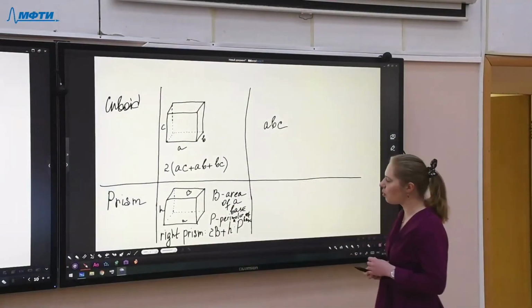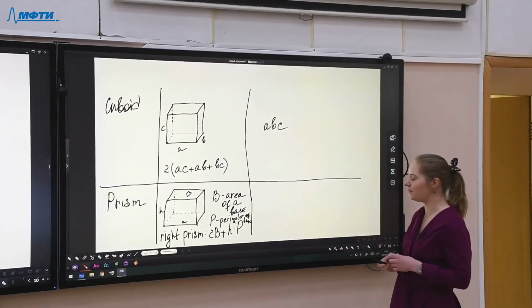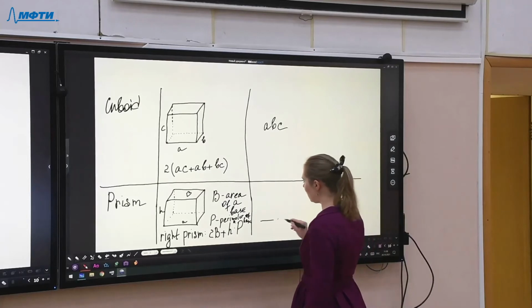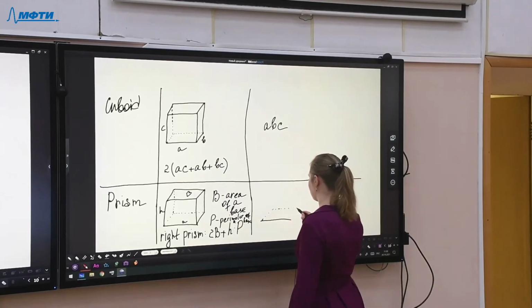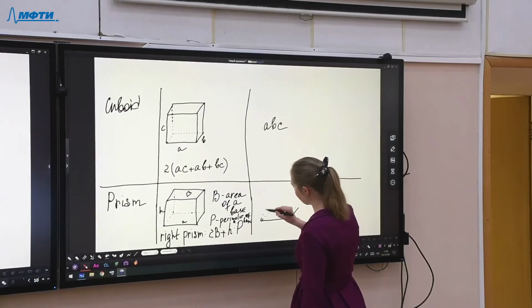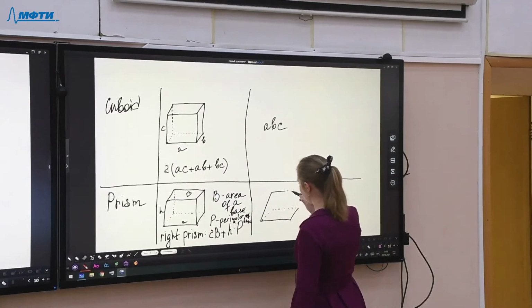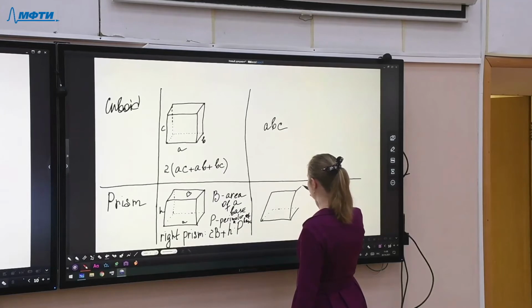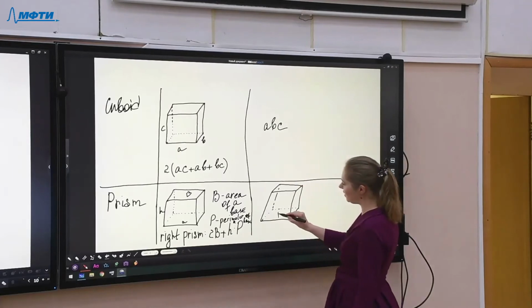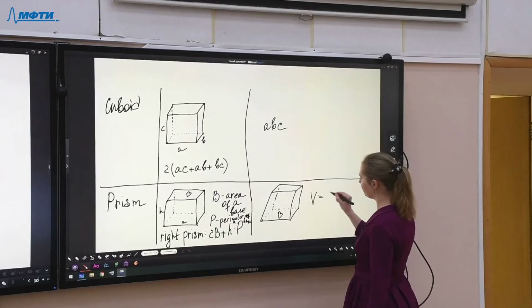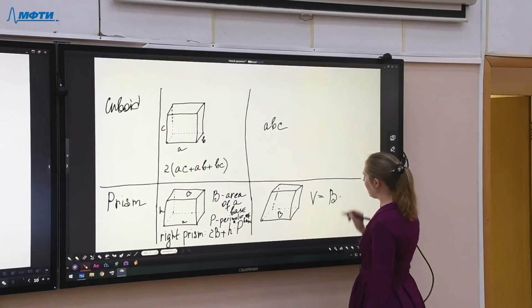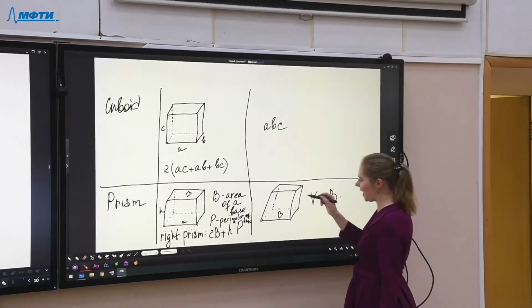And if we want to calculate the volume of a prism, for us it doesn't matter if the prism is right or it is not. We just need to calculate the area of its base and multiply this thing by h.